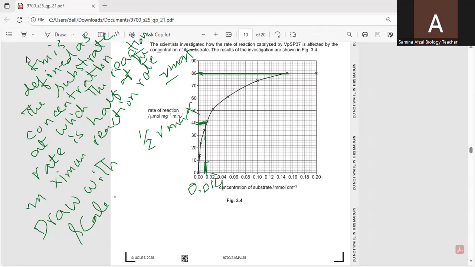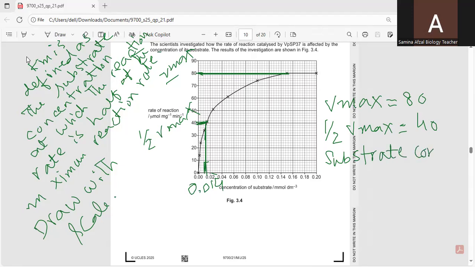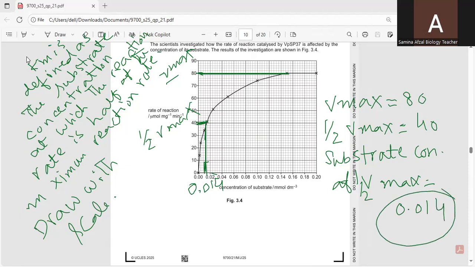So in this way, I would like to write over here, V maximum is 80, half V maximum is 40, and from the graph, the substrate concentration at the rate of 40, at half V maximum, is 0.014. So this is the Km value from this graph.